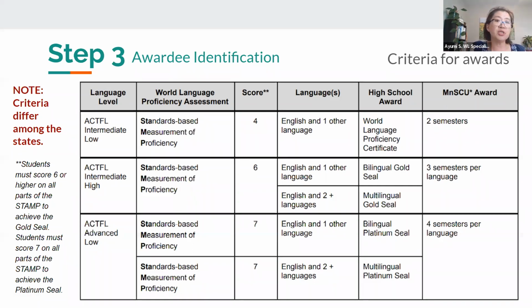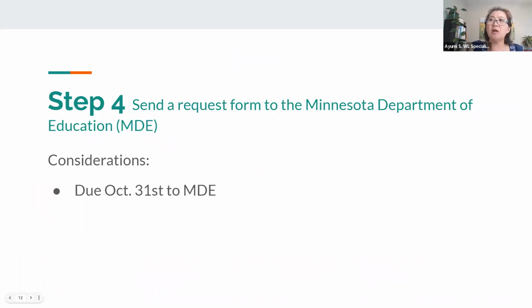I'm not sure if that is true in all the other states, because again, each state has different criteria. So that can be a little tricky too. I get lots of questions about that, and people are learning about how to do that piece.